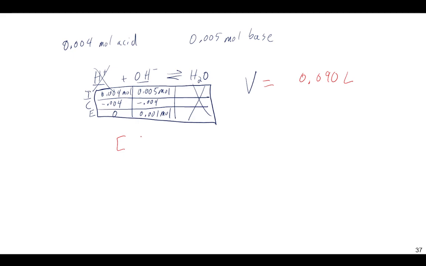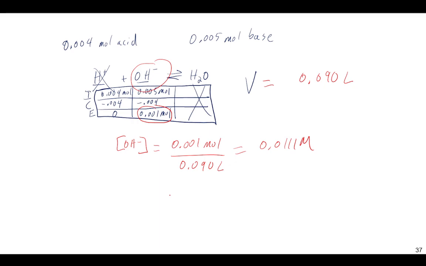And I can worry about calculating the concentration of what is left here. What is left is OH minus. So I'll be calculating the OH minus concentration here: moles at equilibrium divided by this new volume. And that'll give me 0.0111 molarity.